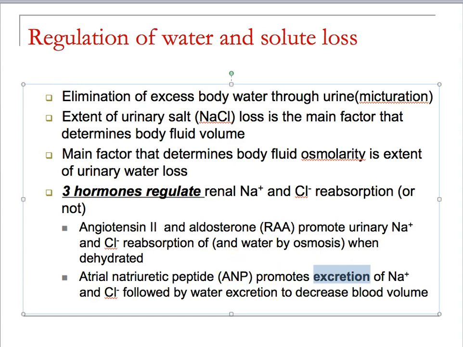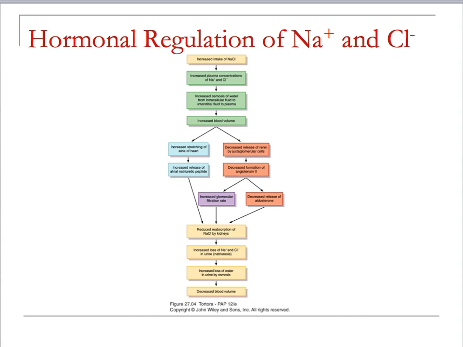So let's take a quick look at this. This is actually a really busy slide, and there's a couple places I want to make sure you're paying attention to. Obviously, over here is going to be if you have increased blood volume. Let's change color here.